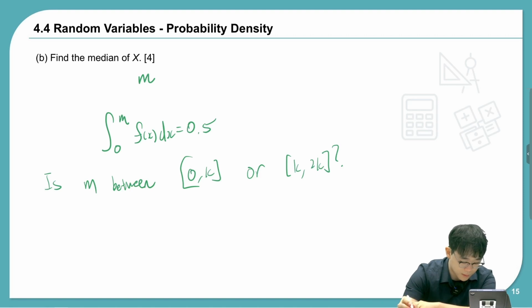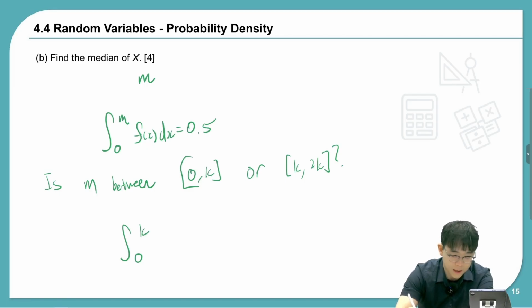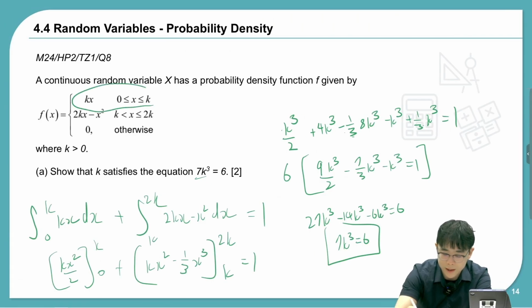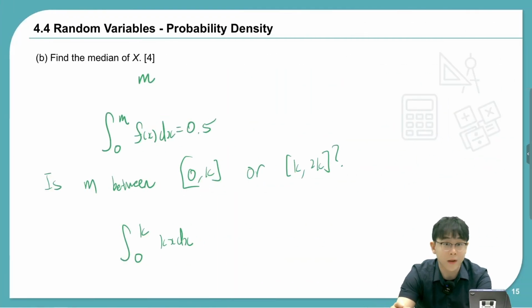So what we could do is first find out the integration from the left. If you integrate from 0 to k, and assume m is somewhere in between here, this area should not be greater than 0.5.